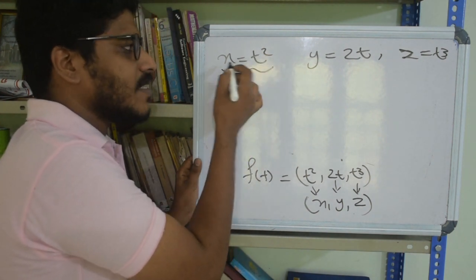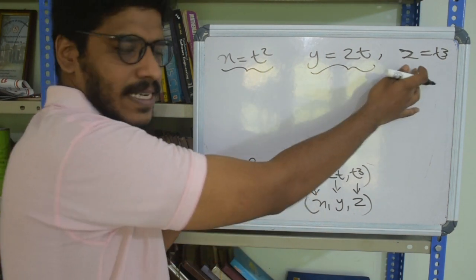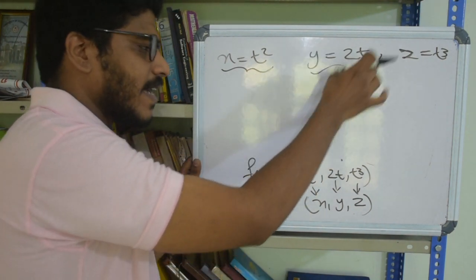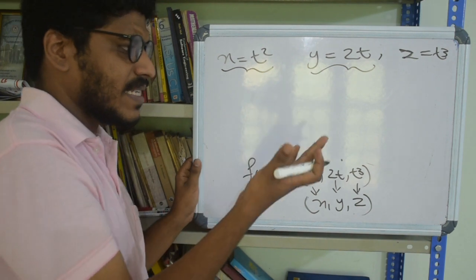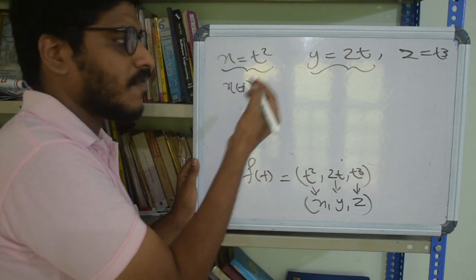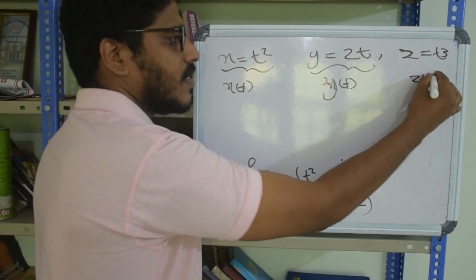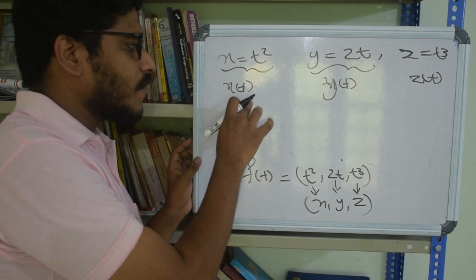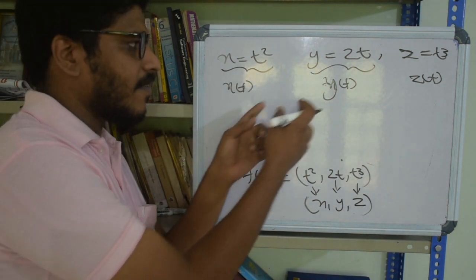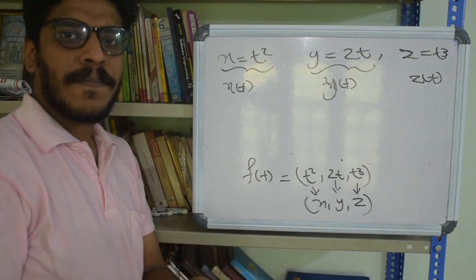As t changes, x changes; similarly, as t changes, y will change and z will change. So x, y and z are now expressed as functions of t. x is no more just x, it's x of t now, y of t and z of t.